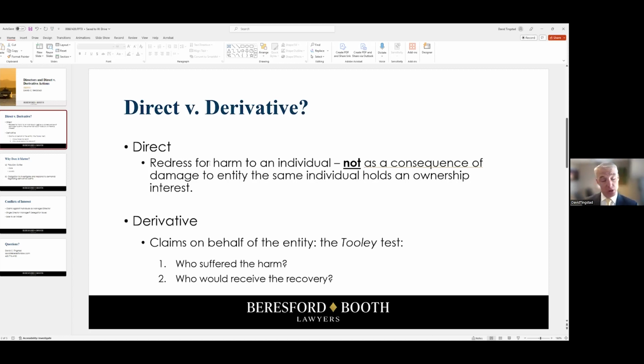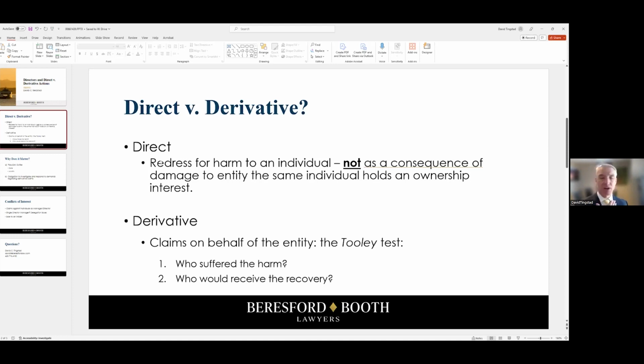as opposed to a claim, which would be a derivative claim, where let's say instead of making a representation to Bill, my company enters into a contract with Bill, and Bill is also a member of my company or a shareholder, and the company breaches the contract.